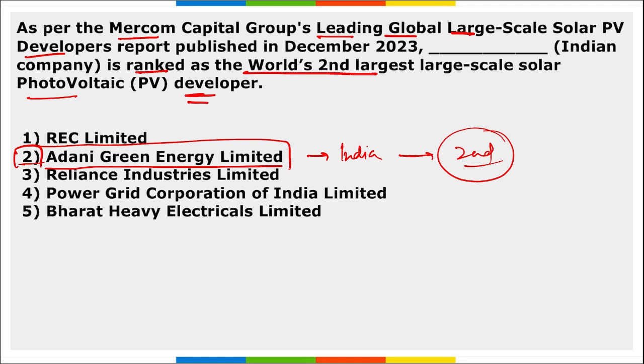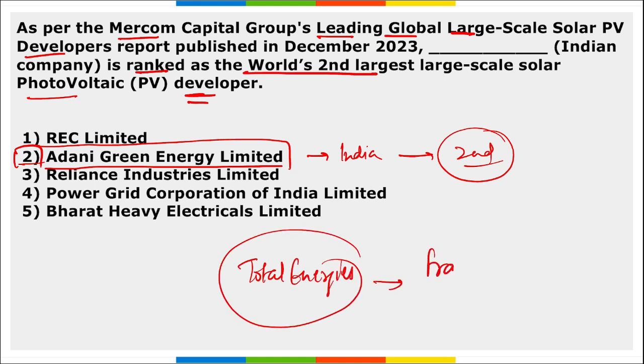It was topped by whom? It was topped by TotalEnergies, right? This is a France based company with 41.3 gigawatts of solar in their portfolio projects. And for Adani Green Energy Limited, it is 18.1 gigawatts of energy.